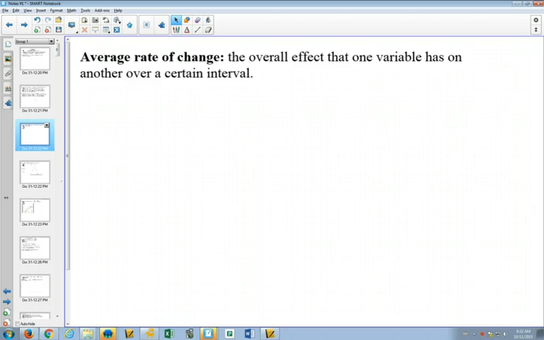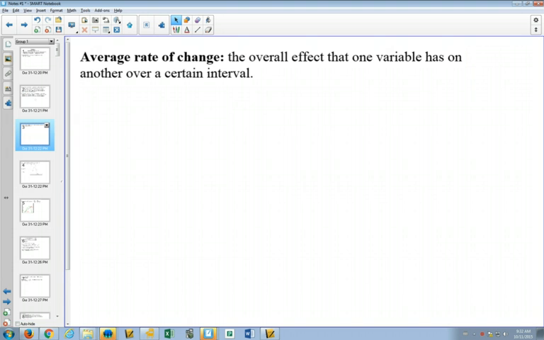So here is your average rate of change. All right, we talk about average rate of change all the time. If you drive to Portage and it's 50 kilometers away and it takes you an hour, what speed were you going? On average, 50 kilometers per hour.